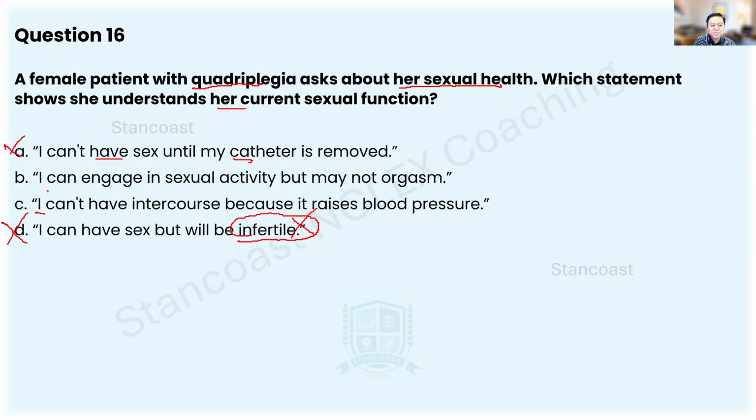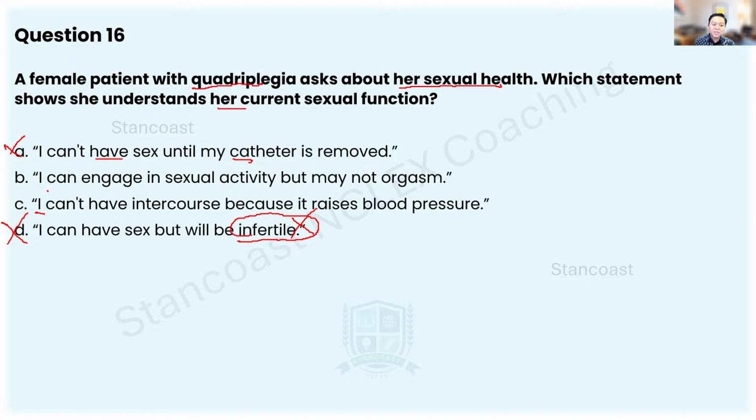What about letter B? I can engage in sexual activity but may not orgasm. Letter B. We know that with a patient that has a spinal cord injury, they can still engage in sexual activity.